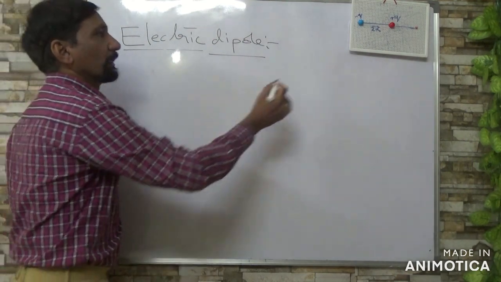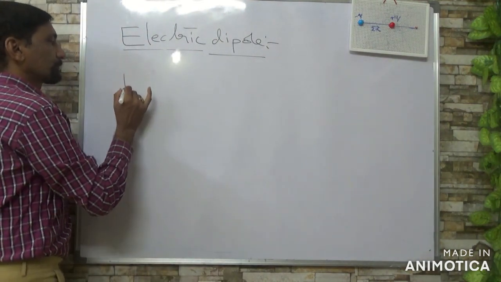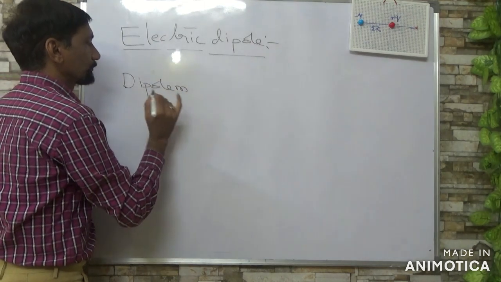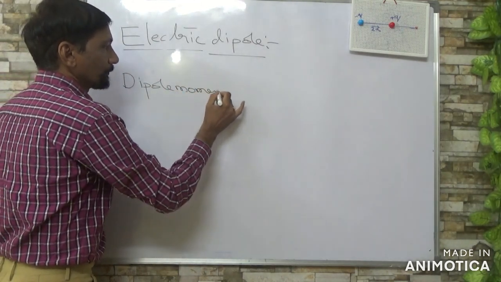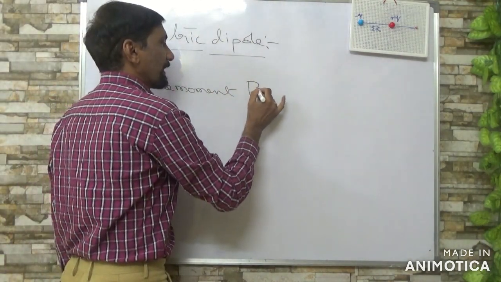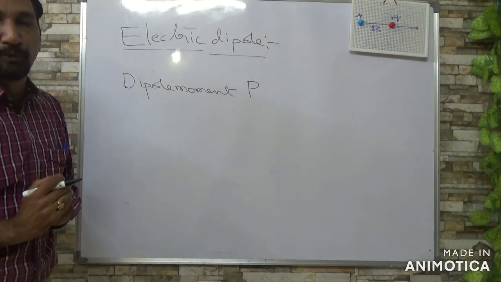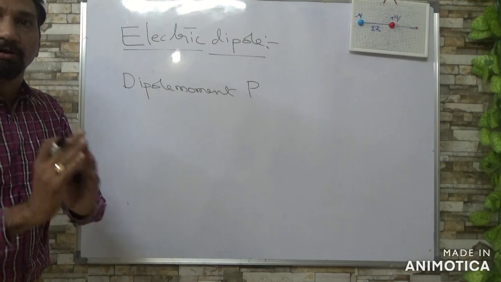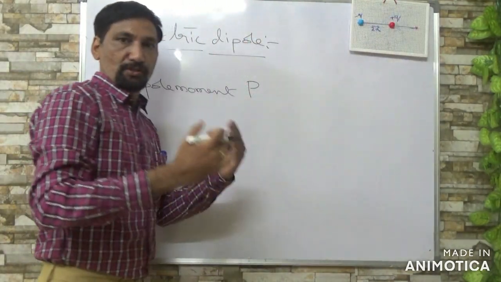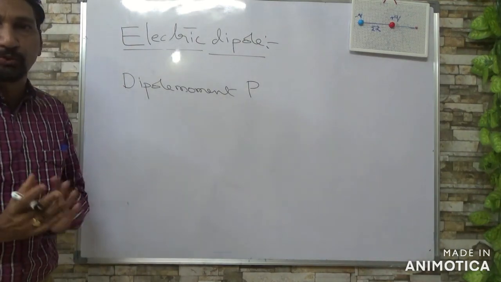Now, about its dipole moment. Dipole moment is denoted by letter P. How do you define dipole moment? It is the product of either charge, positive or negative. Direction-wise it changes but magnitude-wise you only know.